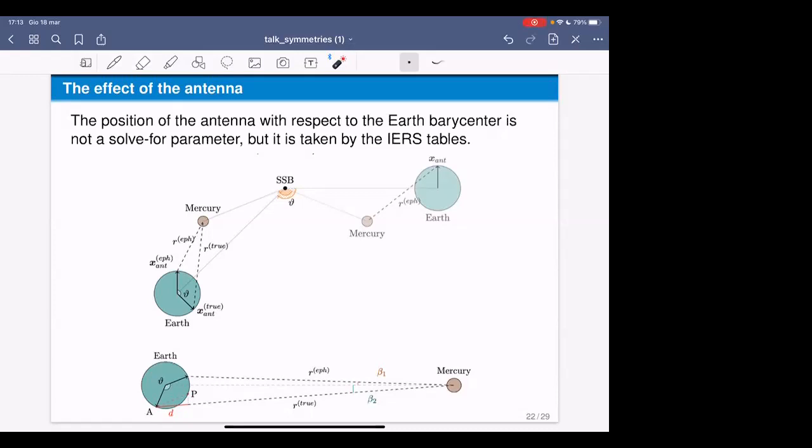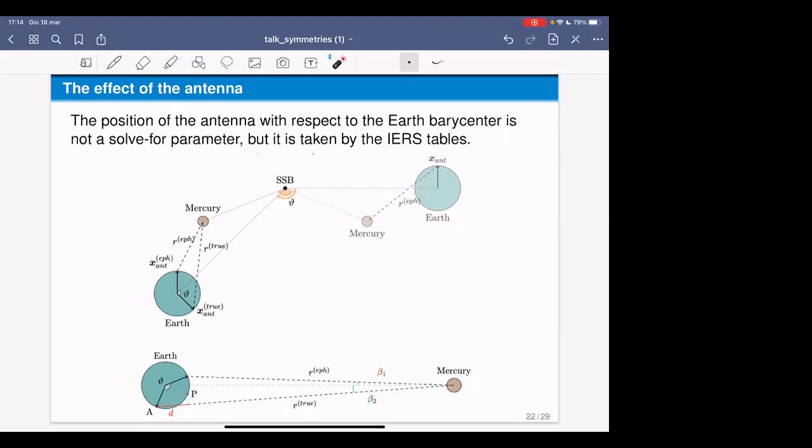And the fact is that the position of the antenna with respect to the Earth barycenter is not something that we determine. It is something that we assume known from the tables. So we cannot rotate the vector giving the position of the antenna. So this is a perturbation of the symmetry.